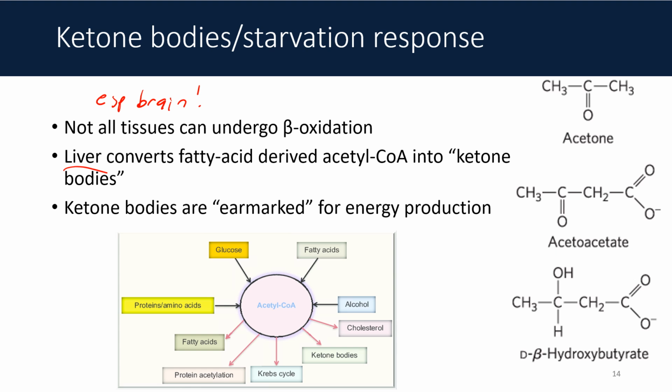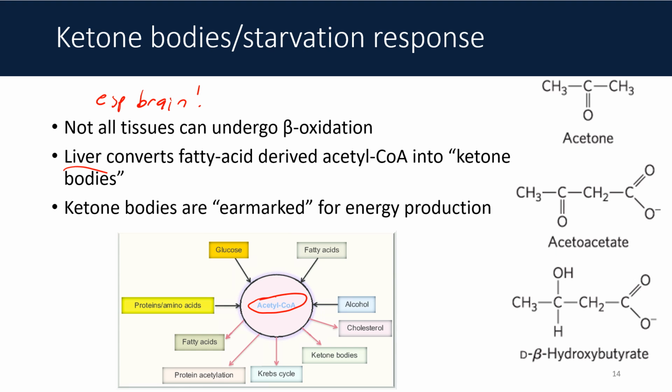But even that solution has a problem because acetyl-CoA is used in a bunch of pathways. It's very prominent in convergent metabolism. If the liver dumps it into the blood, it could get used up by any cell for almost any purpose, energy or non-energy.